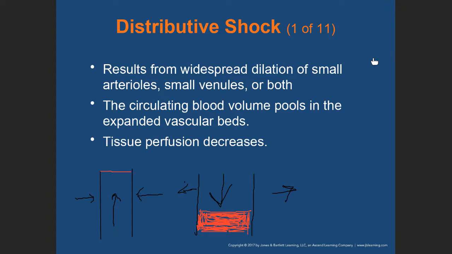With distributive shock, the issue is there is widespread dilation of the small blood vessels, and that would be the arterioles, venules, or a combination of both. So something is causing these vessels to completely dilate.